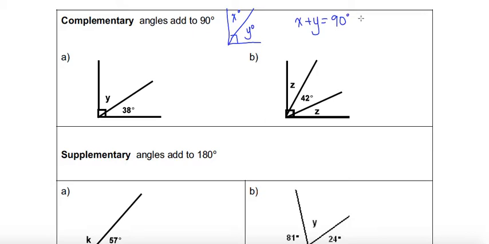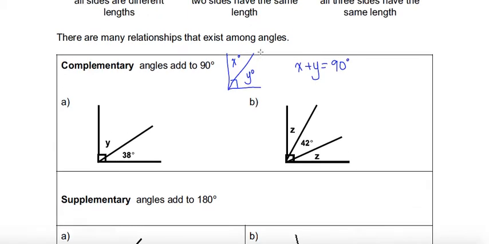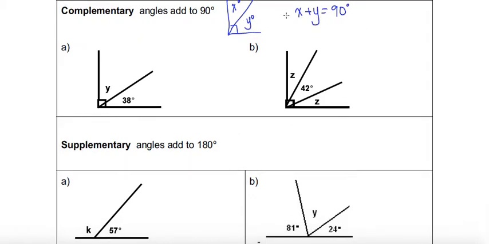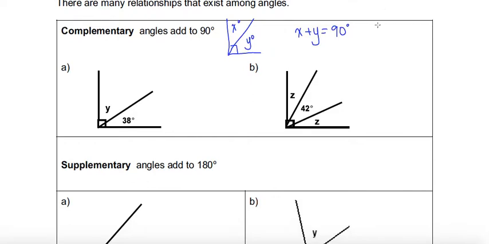Now, there are different ways that you can express these angle properties, or that you can express angles. So one is just by labeling the actual angle itself with a letter, like we did here. Or another way that you can distinguish different angles is by using letters on the vertices of your lines.